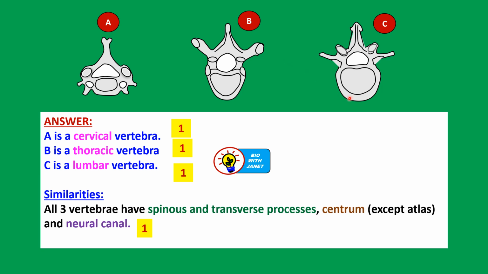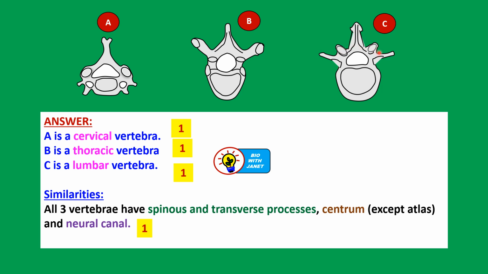Okay, so the two sets of facets help us to identify the thoracic vertebra. Now, C is a lumbar vertebra. You can identify it by its large centrum, which is more or less rounded in shape like this, or squarish in shape. Then it has a short but large spinous process. And here you see two horn-like projections sticking out.